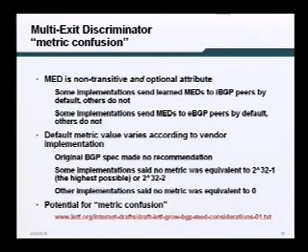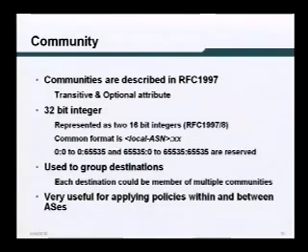Put it this way, not many people use MEDs anymore, and they will use BGP communities, which I'm going to talk about in a bit. Communities are described in RFC 1997. It's a transitive attribute, and it's also an optional attribute.